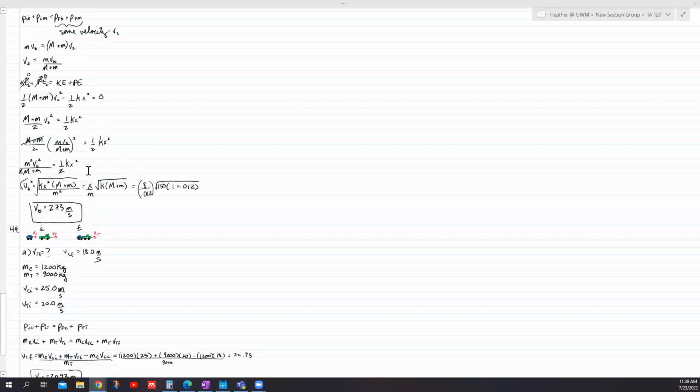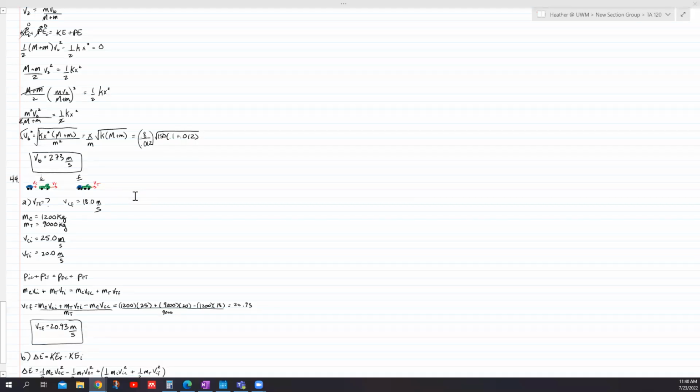Solving, plugging in, moving things around, we get V_B squared equals 0.8 divided by 0.012 times the square root of 150 times 0.112, and we end up with 273 meters per second.